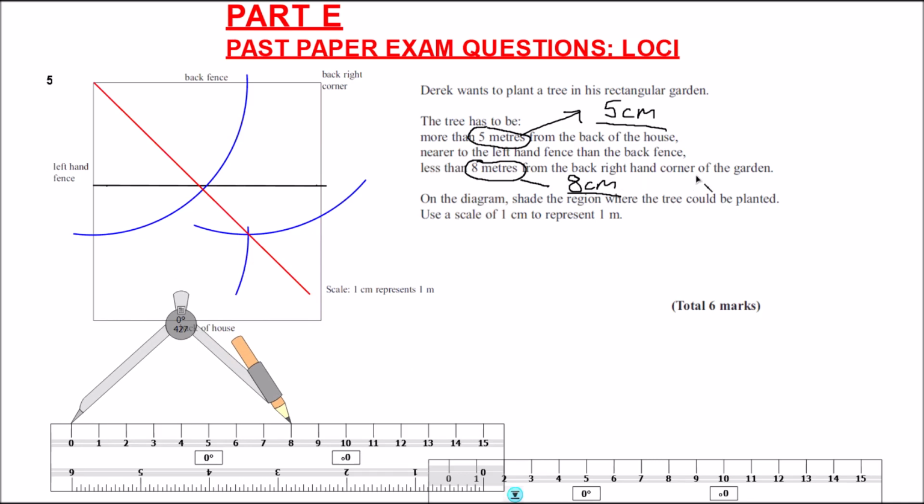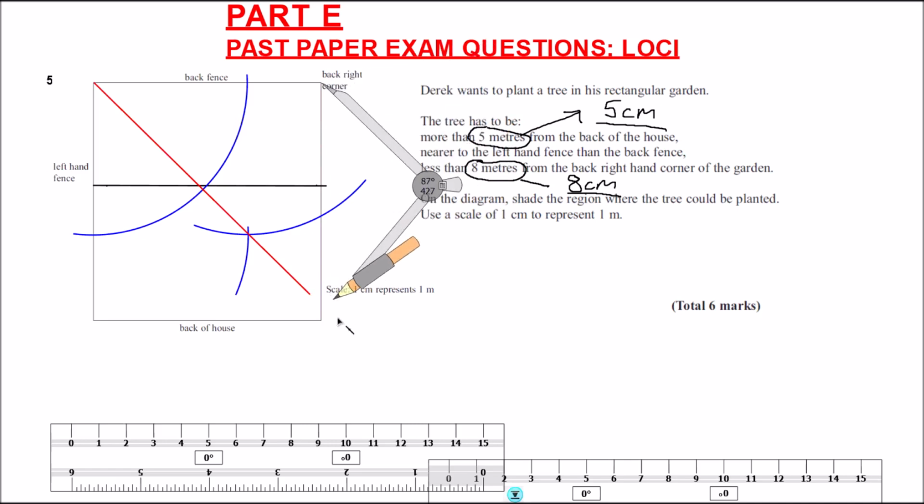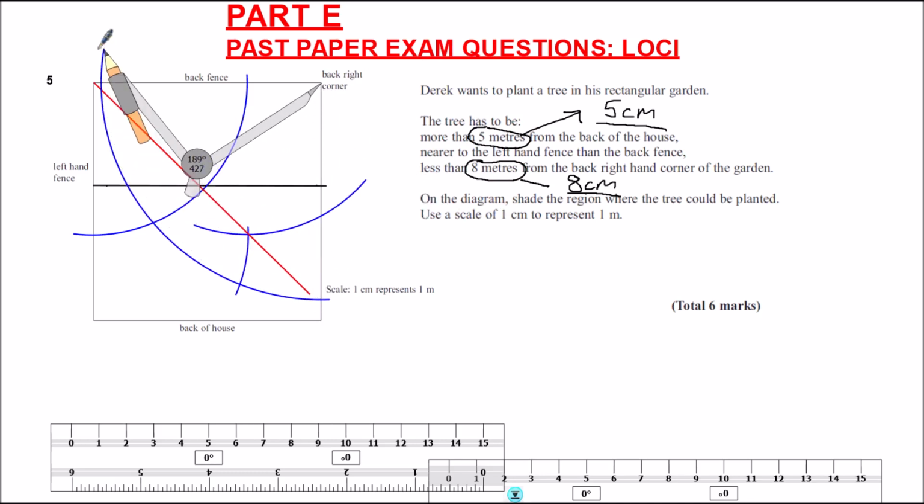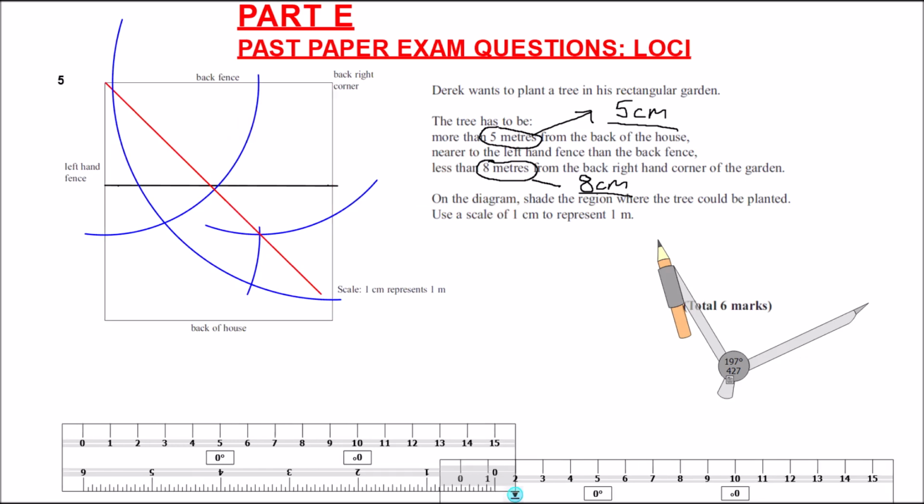And from the back right-hand corner, we're now going to put the compass needle there and do a circular curve that crosses all lines here, like so. So that's a messy looking diagram, so we need to really be thinking about what we're doing next.